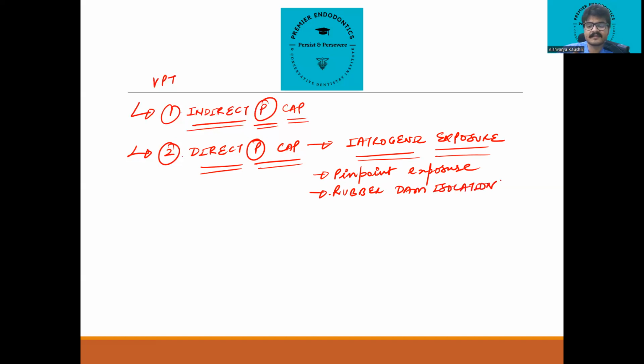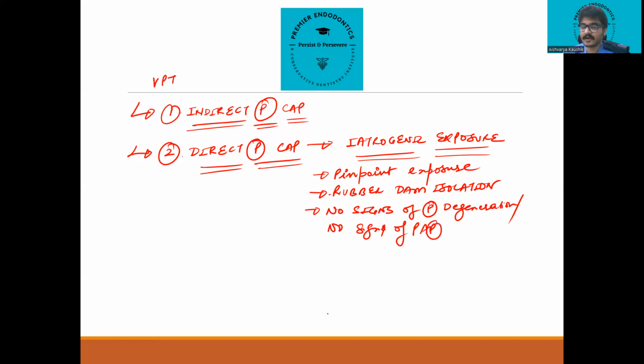Apart from that, the pulp was healthy, with no signs of pulpal degeneration or periapical pathology. That is a situation in which you could do a direct pulp cap.